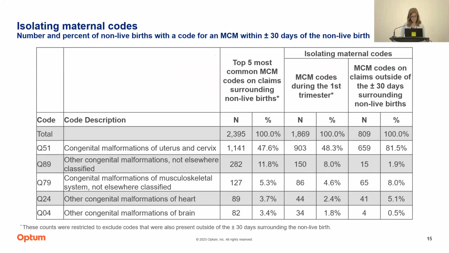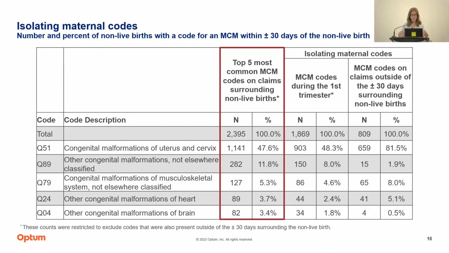Okay, on to the good stuff, some of the results. First, I will talk about this first column, the top 5 most common MCM codes on claims surrounding non-live births. This is amongst our almost 2,400 main study population, the bottom green box in the flow chart. We had about 2,400 non-live births that had an MCM code surrounding it.